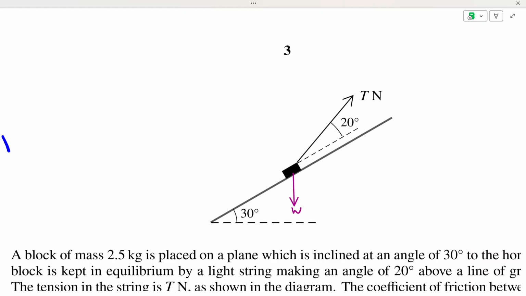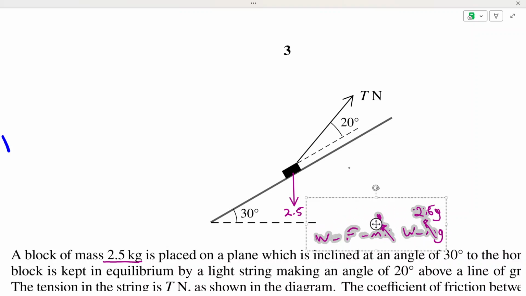That weight I'm going to replace with the mass here, 2.5 g. Remember, weight is equal to the force. In this case, force equals mass times acceleration, and the acceleration is g. So weight is equal to mg, and the mass is 2.5, so it's going to be 2.5 g. Just in case you might wonder where that came from.